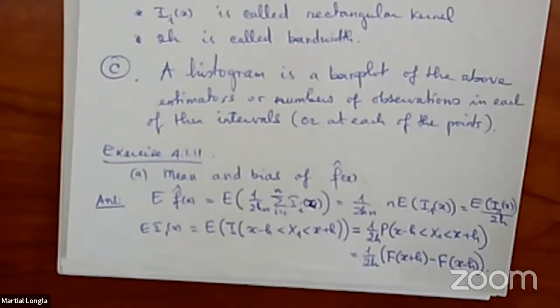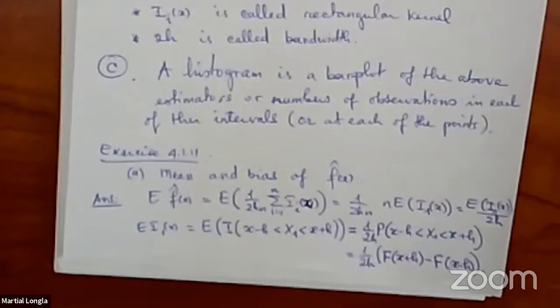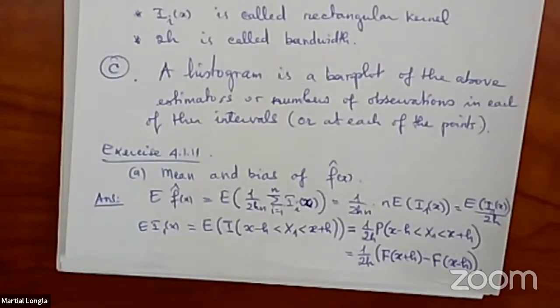And now you see why we actually divided by 2h. This is like the formula of the derivative when you take the limit when h goes to 0, centered on both sides. The length of the interval is 2h, so you have to divide by 2h. Does that make sense?